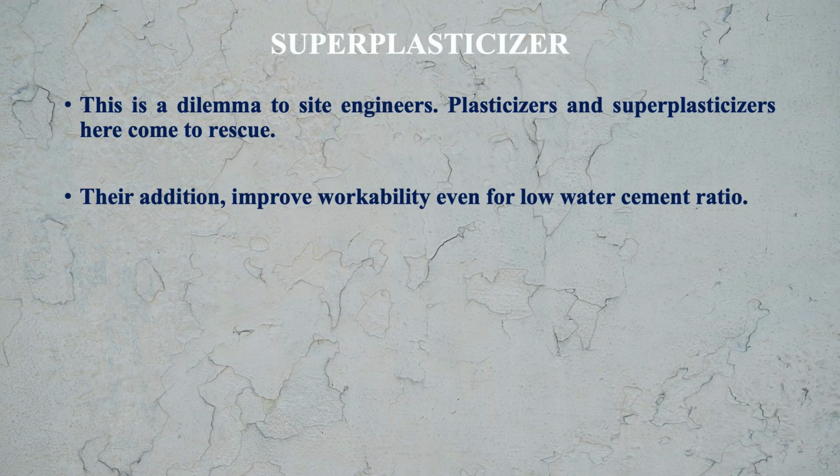That mix is very stiff, it is not placeable or cannot be compacted. But if you are adding water, it is causing the reduction in the strength. So here we can use plasticizers and superplasticizers. Their addition improves workability even for low water cement ratio. So that is the use of plasticizers and superplasticizers.